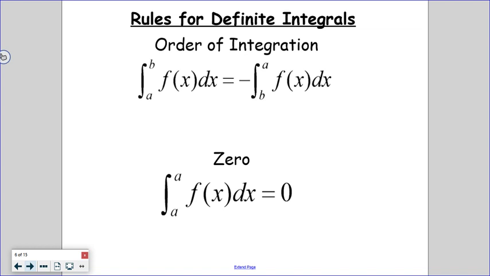So for example, a very basic example here, if I were integrating from, let's say, 1 to 3 of the constant function 4, if you remember evaluating a constant function, it is the difference in your bounds times that constant, right? So this would be a value of 8. Well, if I were to integrate instead from 3 to 1 of 4 dx, it would switch the sign on my answer. So now my answer would be -8.